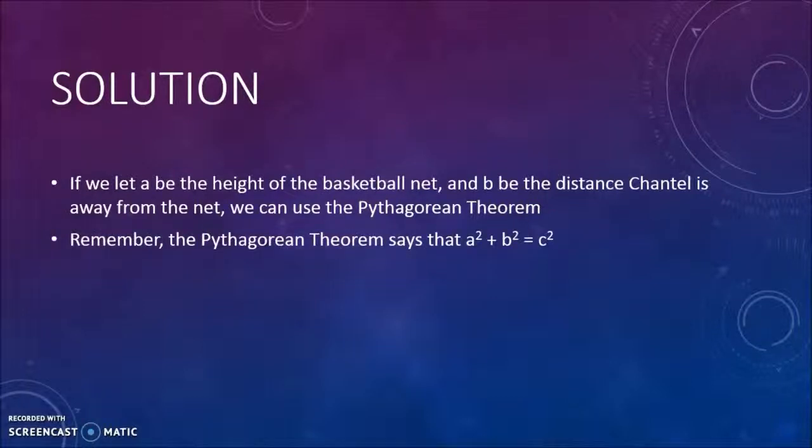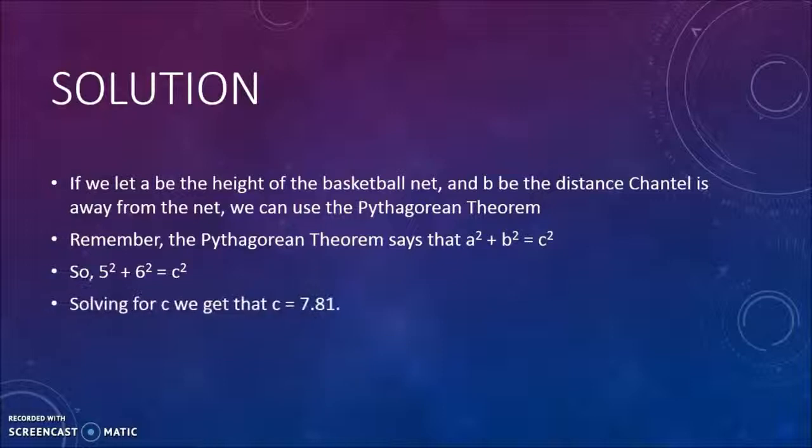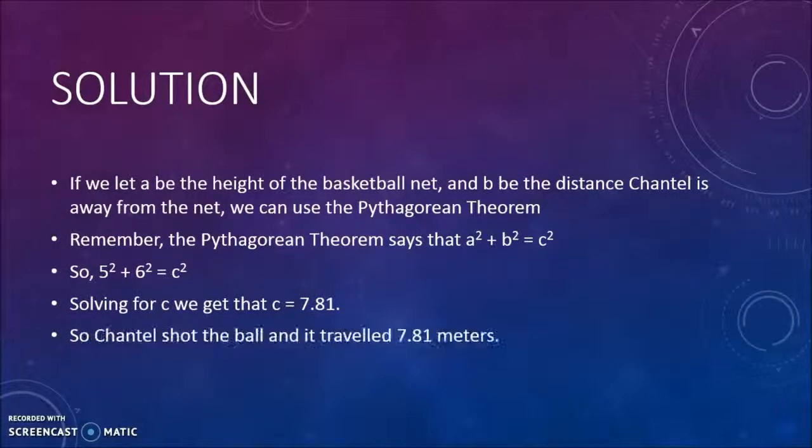Remember, the Pythagorean theorem states that A squared plus B squared equals C squared. So, 5 squared plus 6 squared equals C squared. Solving for C, we get that C is approximately 7.81. So Chantal shot the ball and it traveled 7.81 meters.